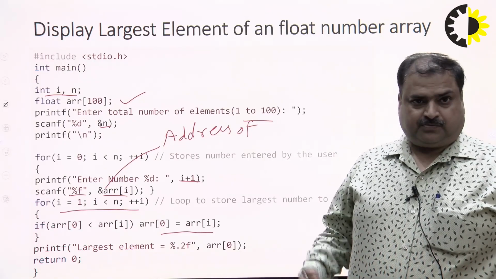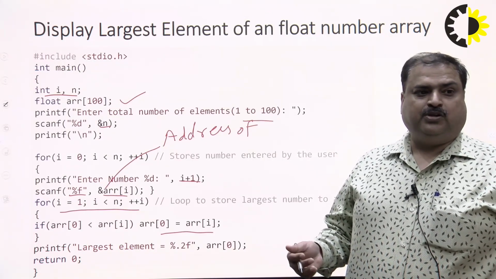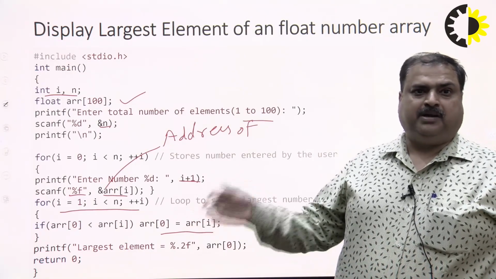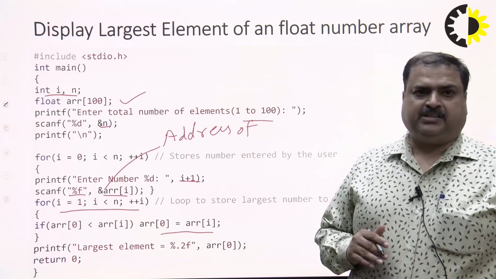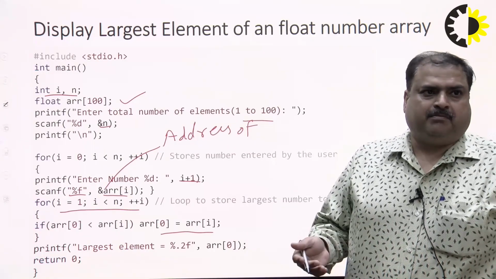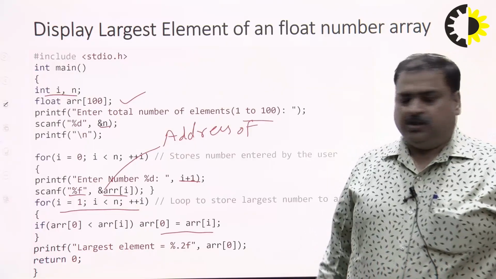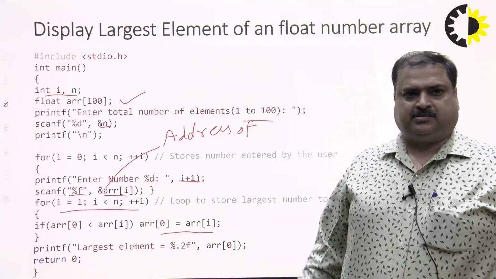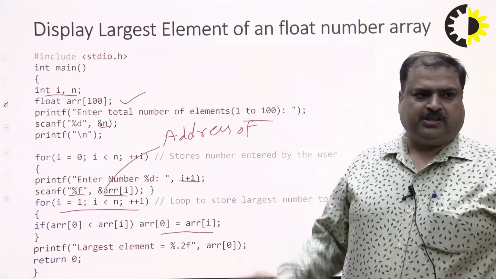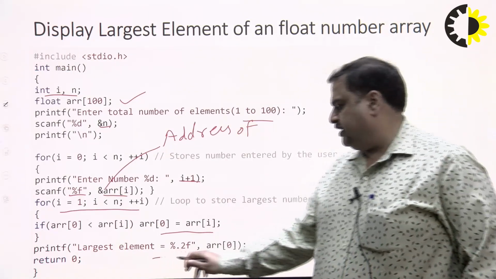So we are going to have the maximum element in the arr 0 location, or at the 0th index we will store the largest element. We are comparing each element with arr 0. If it is larger, then we are storing it here. And finally we are printing it.